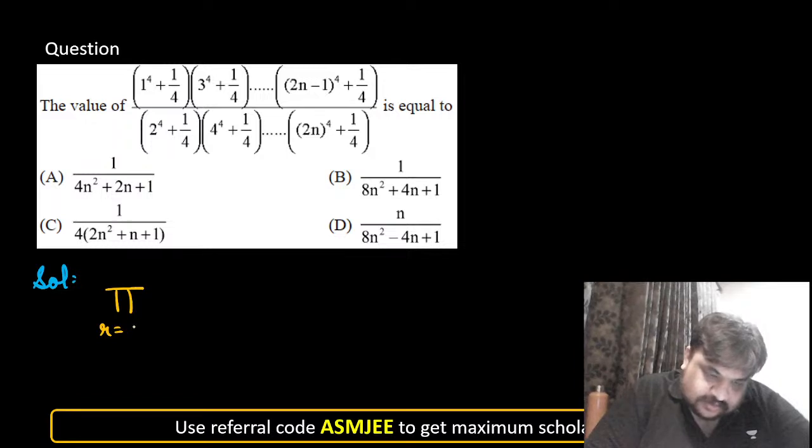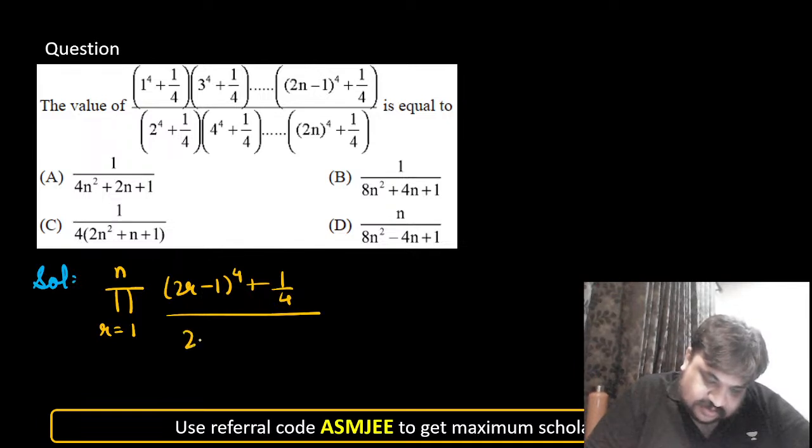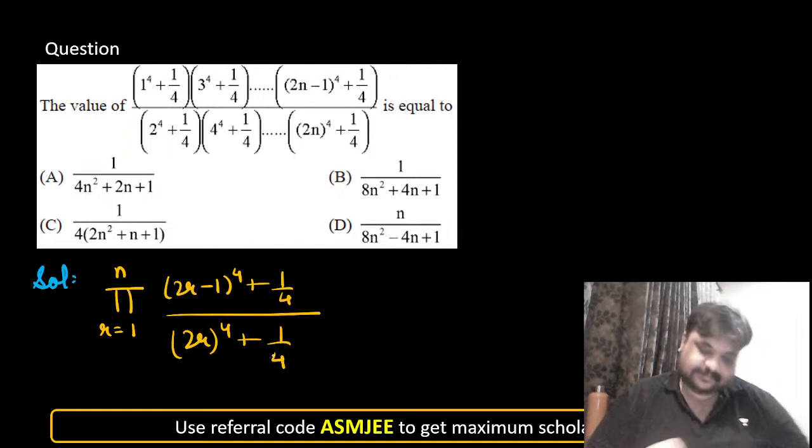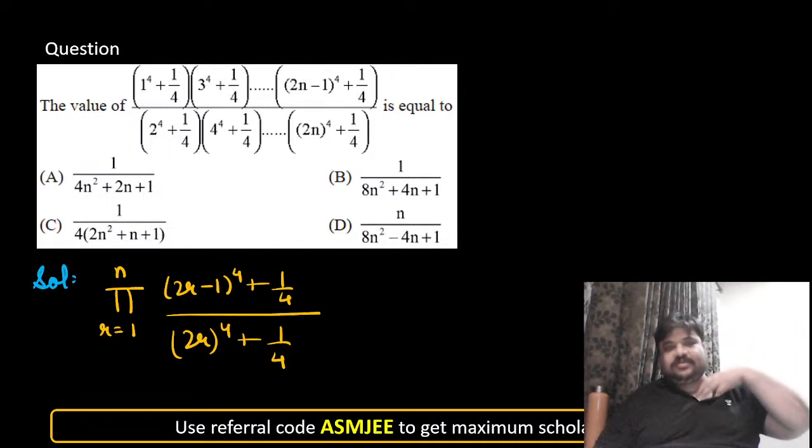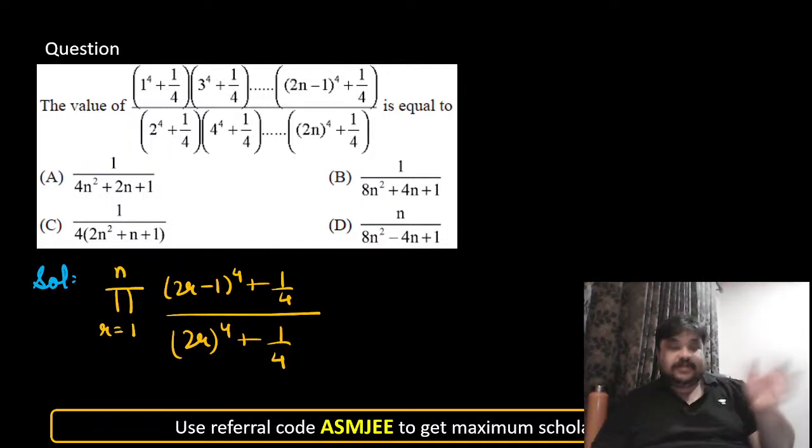R equal to 1 to n. The upper one is (2r minus 1) raised to power 4 plus 1 by 4, and the lower one is (2r) raised to power 4 plus 1 by 4. So this is the whole series. It's not summation telescoping, it is multiplication telescoping.